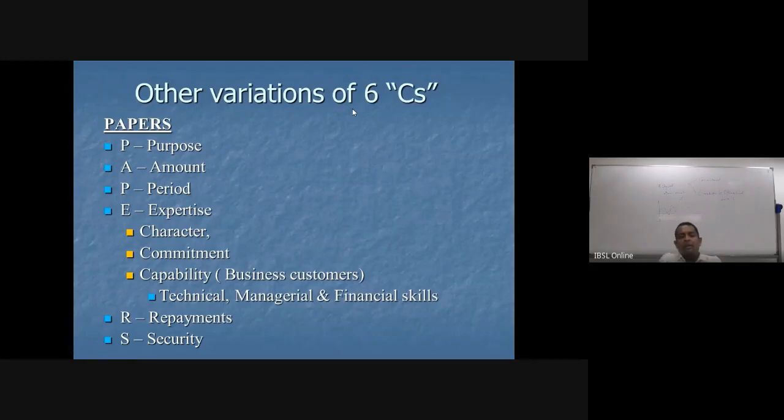Then repayment and security. How much can they repay? What is the cushion on repayment? And lastly, but not the least, the security. What is the security available for my facility?